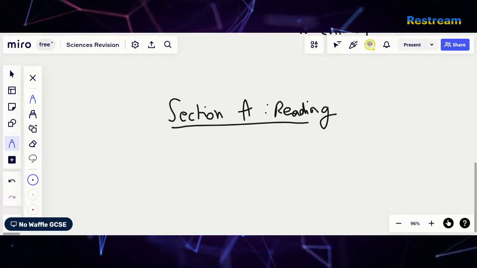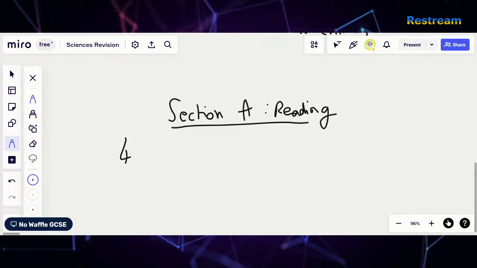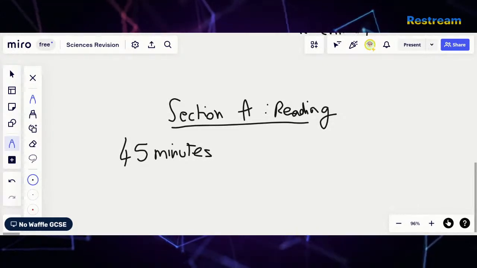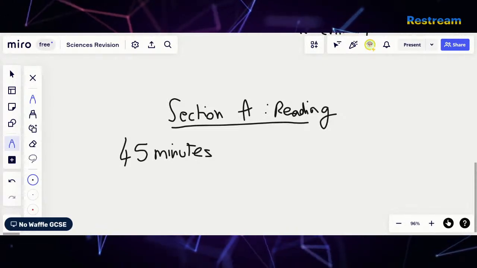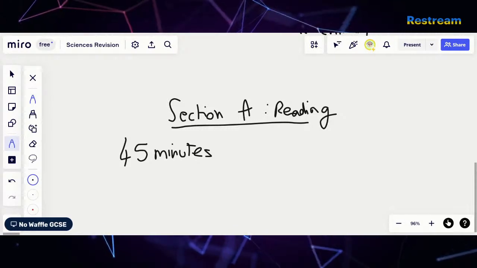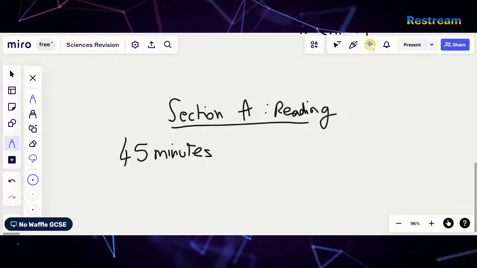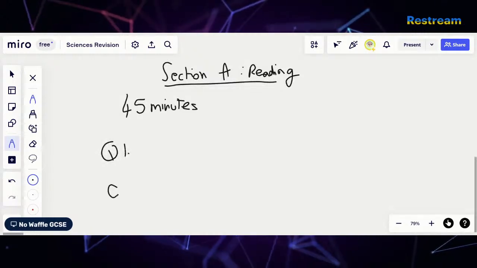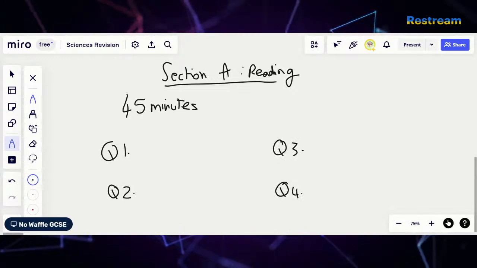You're advised to spend 45 minutes on Section A reading and 45 minutes on Section B writing. There are 4 questions within Section A's reading, which are 40 marks in total. Question 1 is worth 4 marks.